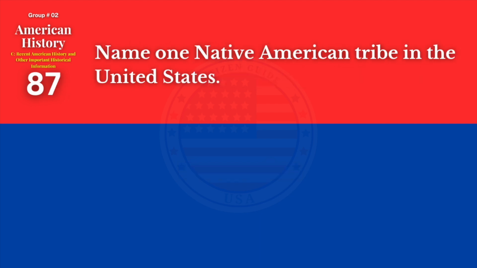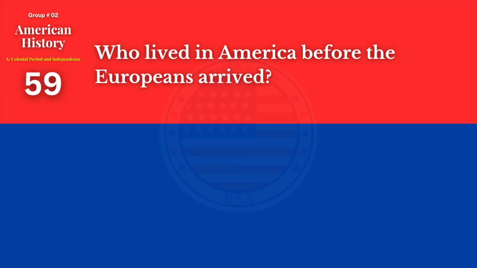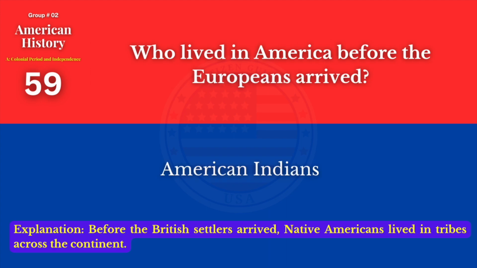Name 1 Native American tribe in the United States. Cherokee. Who lived in America before the Europeans arrived? American Indians.